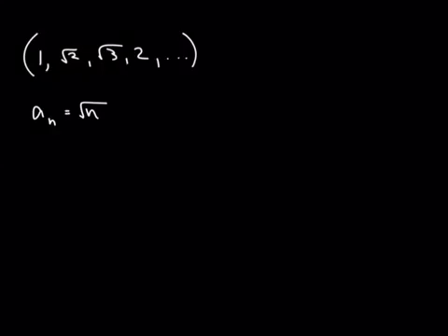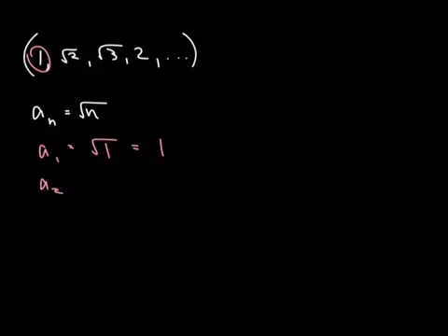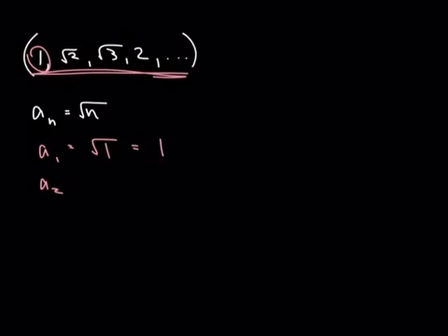Okay, so let's see what happens. If I have A1, which is my first right there, and that equals the square root of 1, which is 1. All right, let's look at 2. Again, our x values, starting at 1, go 1, 2, 3, 4, 5, 6. If I want to get to this, what do I have to do to the 2 to get there?